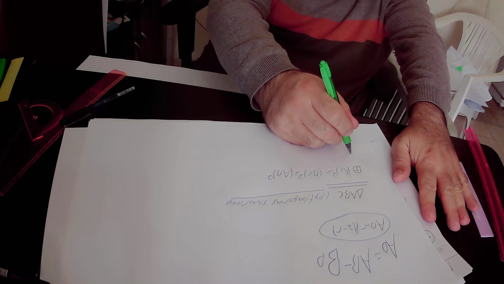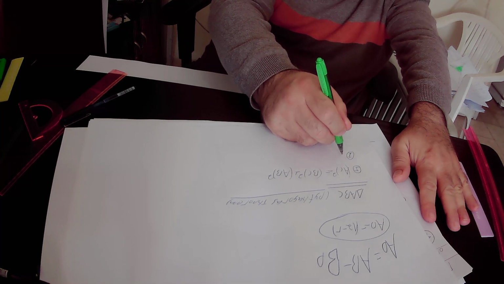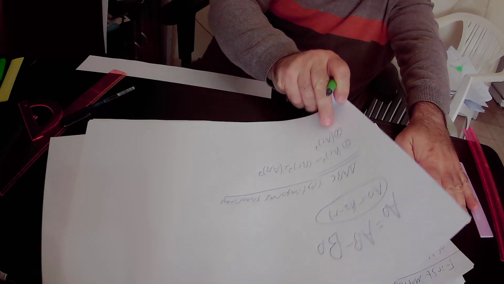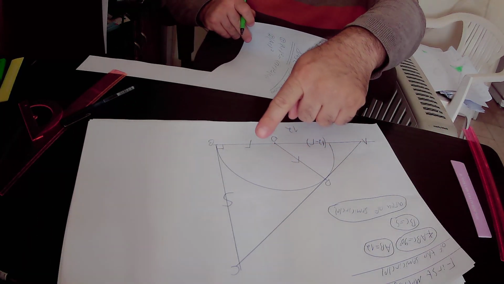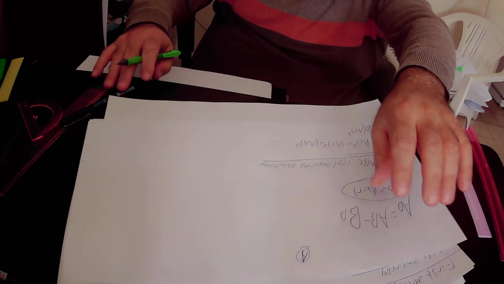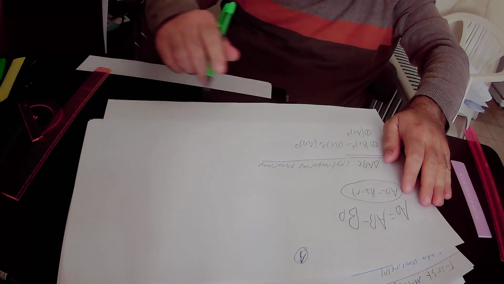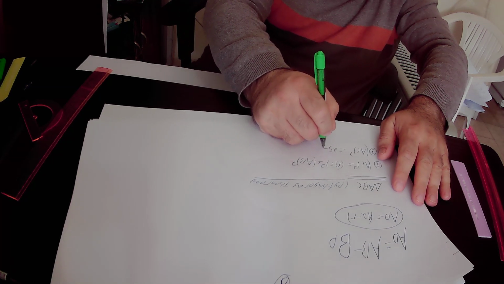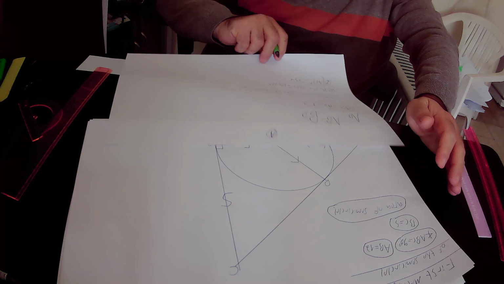So AC squared equals BC squared. BC equals 5 units, so BC squared is 5 squared, which is 25, plus AB squared.